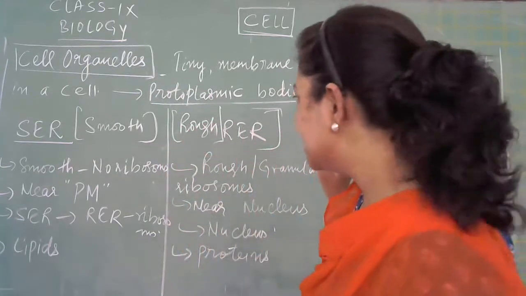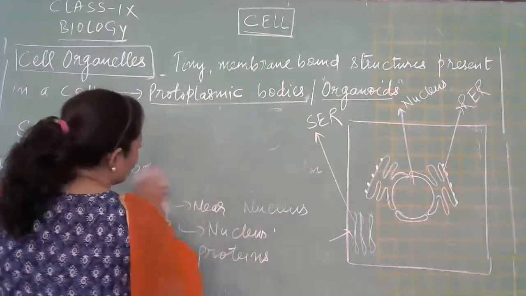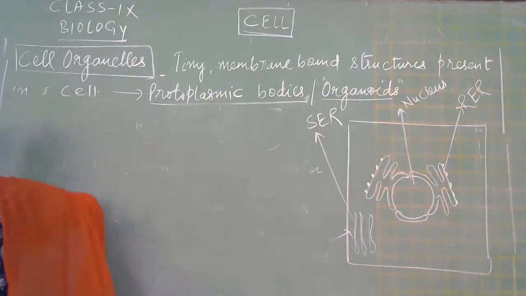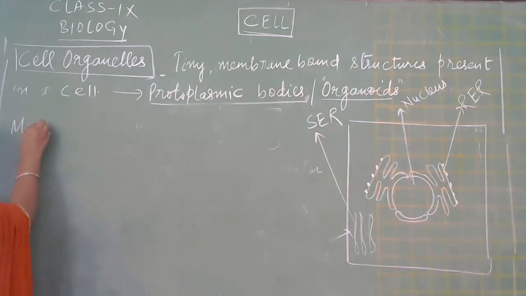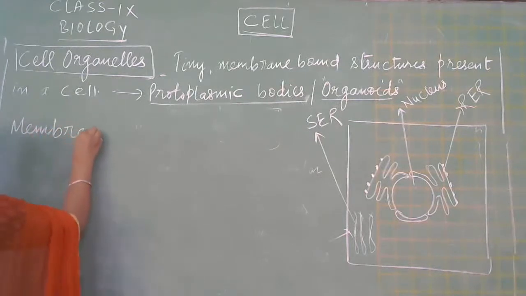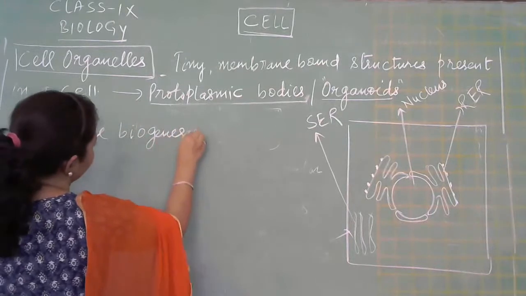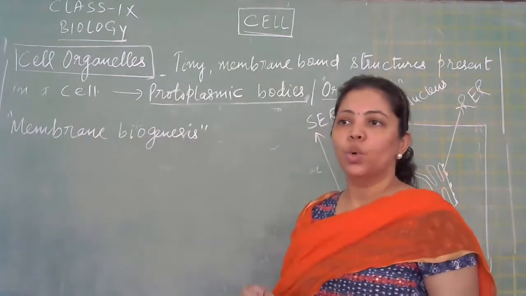So when synthesis of plasma membrane takes place from these lipids and proteins synthesized by the ER, then this process is known as membrane biogenesis. This is known as membrane biogenesis.